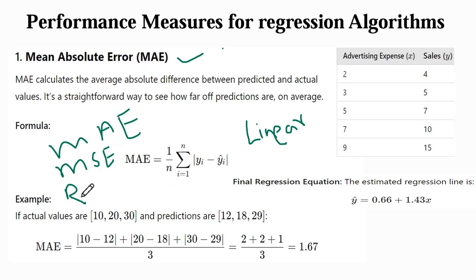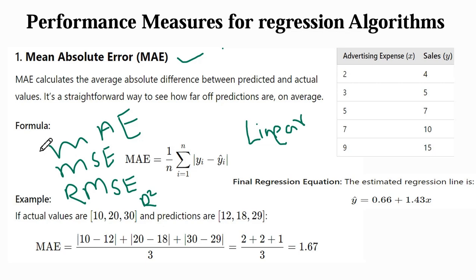The third one is RMSE. And another one is the R square score. These are the main four metrics we use to evaluate any regression model.